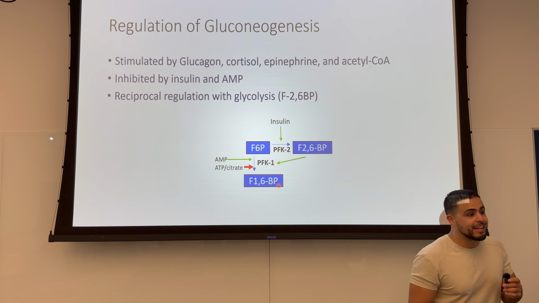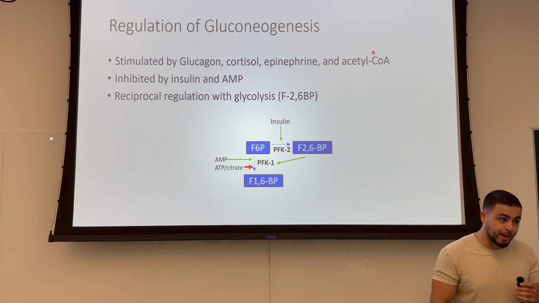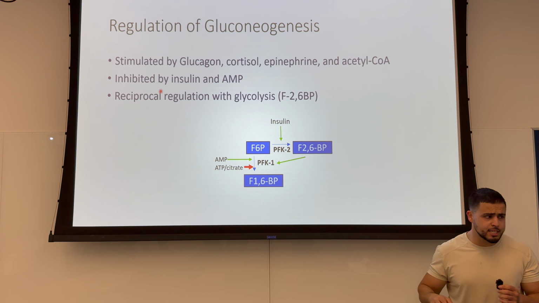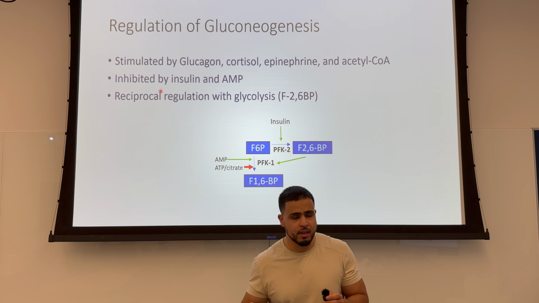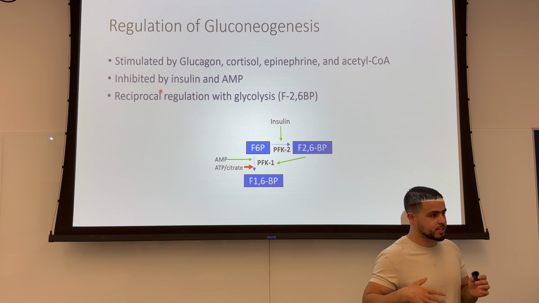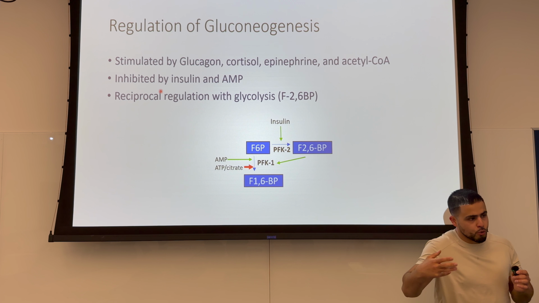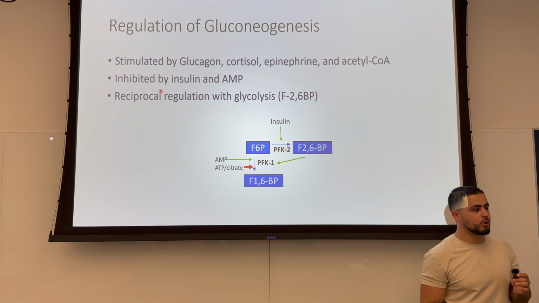It also happens to be stimulated by acetyl-CoA. It's inhibited by insulin and AMP, and we mentioned why AMP would inhibit it, because then you have too little ATP, and you don't want to waste ATP to synthesize more glucose.